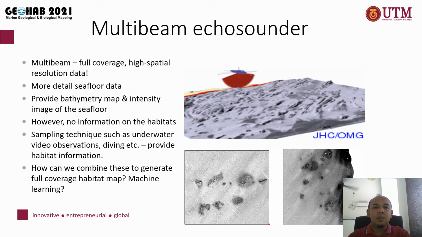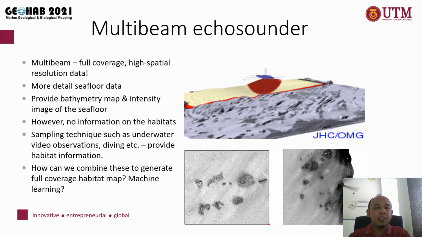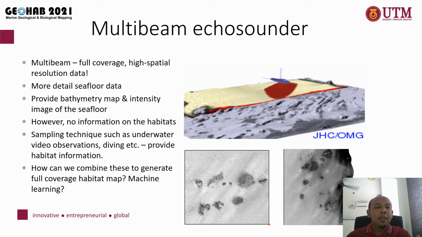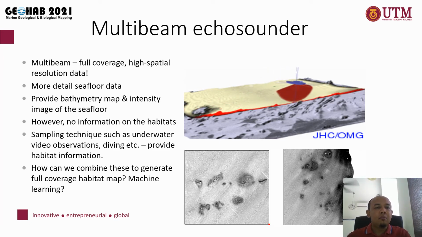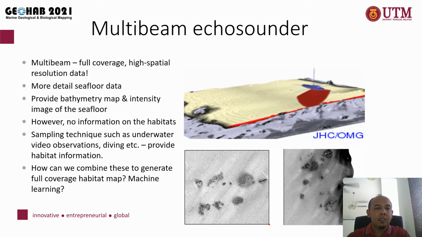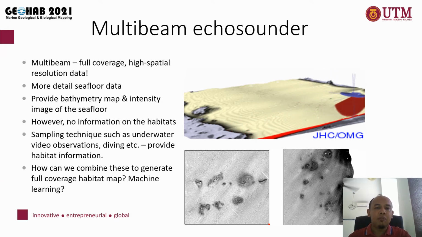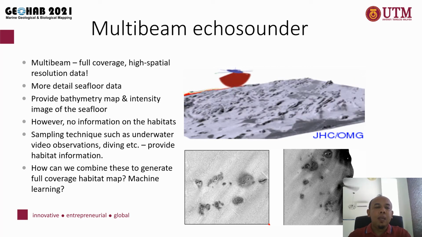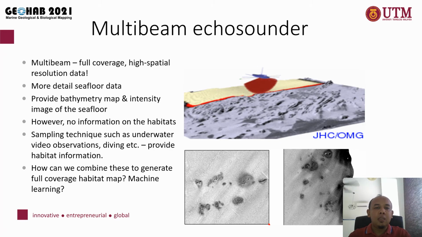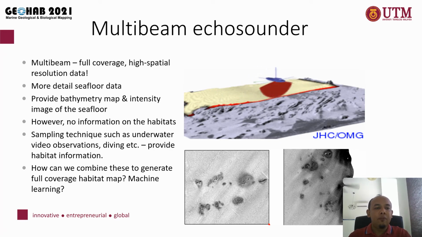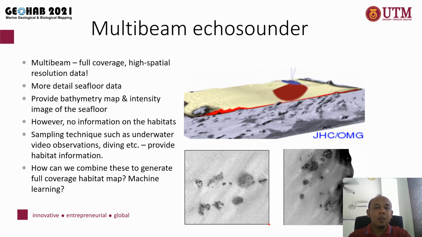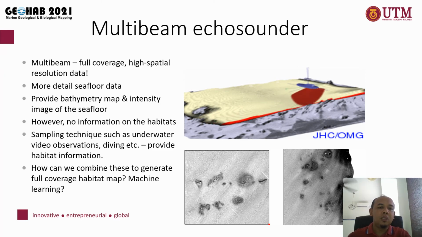This equipment only provides us some physical data, whereas sampling techniques such as underwater video observation will provide the habitat information. So how can we combine both of this information to get more meaningful habitat maps? One way of doing this is using machine learning.